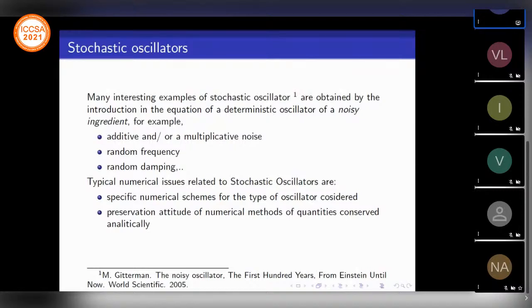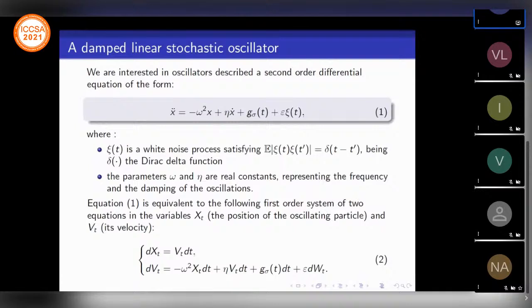So in this case, we present a second-order stochastic differential equation which describes a harmonic damped oscillator driven by a random Gaussian noise and a time-varying force g.